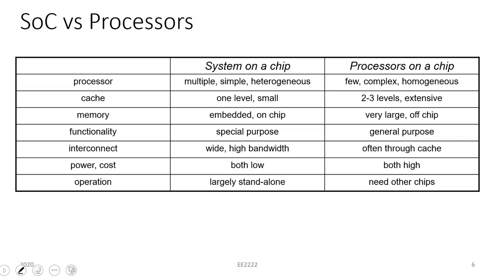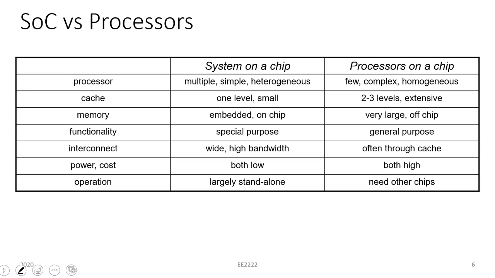So when comparing a system on a chip with a single processor on a chip, so that is essentially just a processor on a chip, a microprocessor on a chip, we can see a number of differences. For example, a system on a chip would have a number of different processors included. So there will be the main core processor, there would be other media processors, so there will be a number of these elements being part of such a system on a chip.